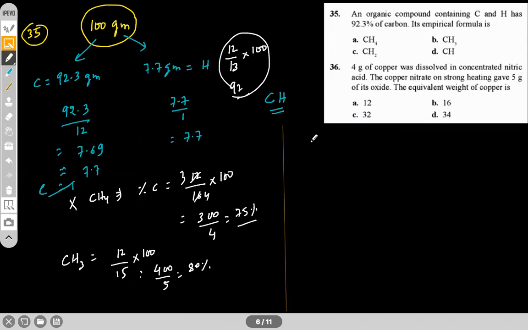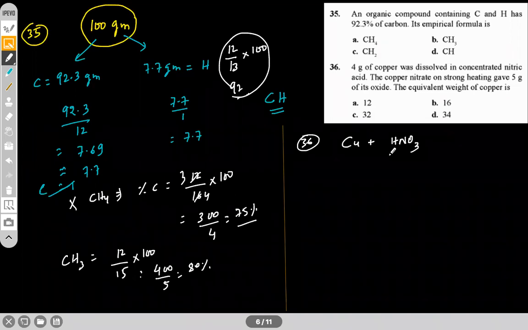Next one, you see. Four grams of copper was dissolved in concentrated nitric acid, that is Cu plus HNO3. The copper nitrate on strong heating gives 5 grams of its oxide.